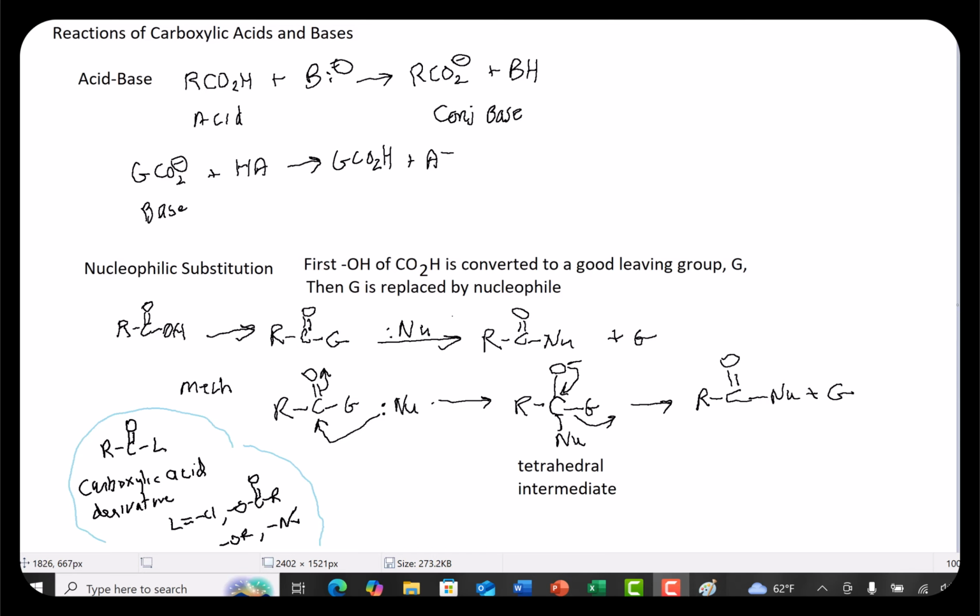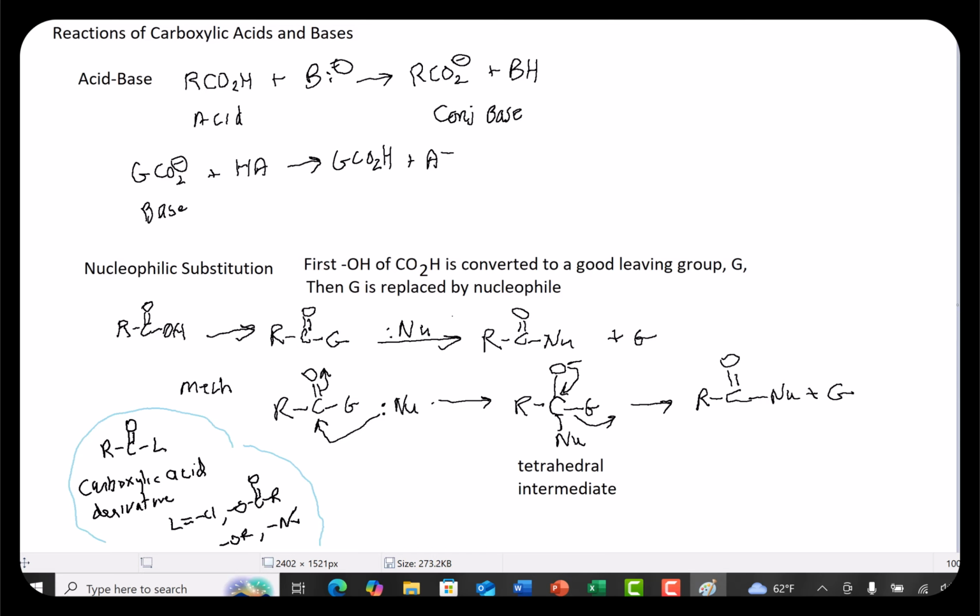But let me just say, this nucleophilic substitution is not an SN1 or SN2. It goes by a completely different mechanism, as we illustrate right here. G can stand for a leaving group.